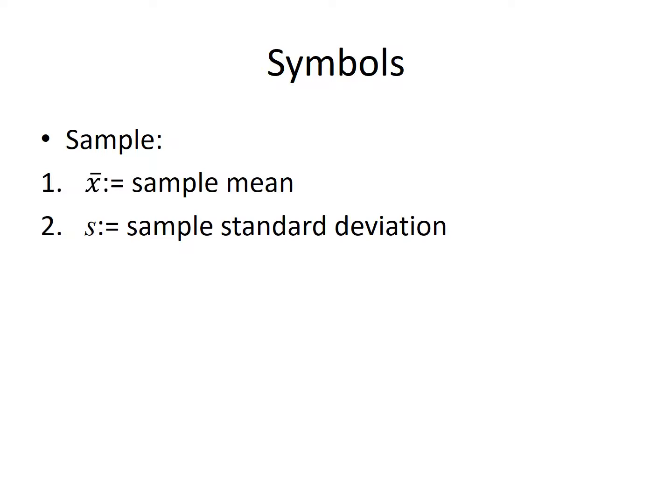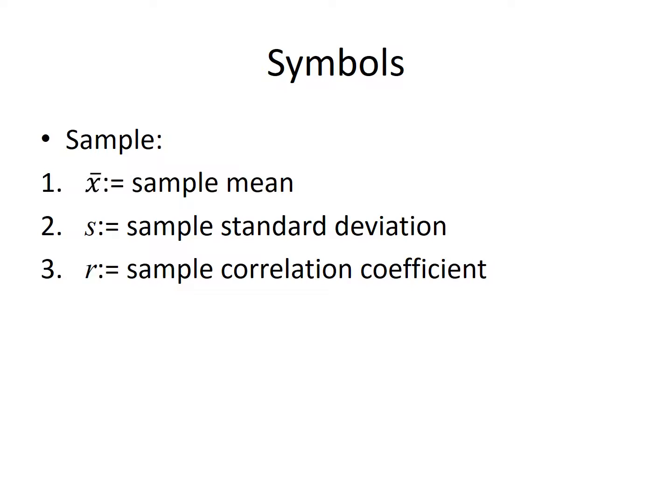For sample symbols, we have x bar, which normally represents the sample mean. We have a lowercase s, which generally represents the sample standard deviation. We have a lowercase r, which usually represents the sample correlation coefficient.